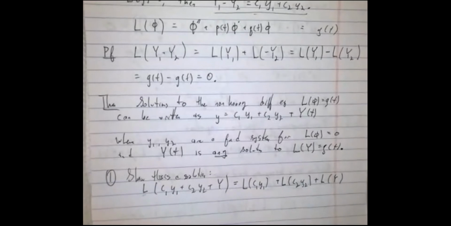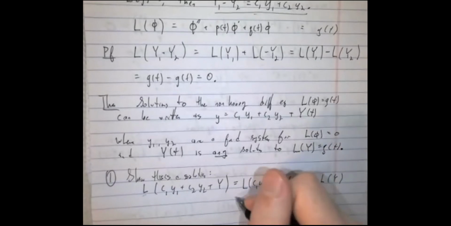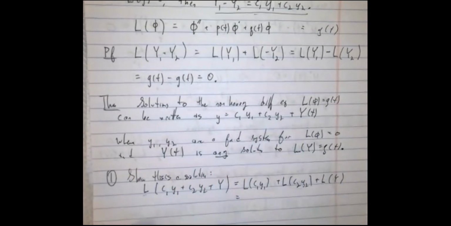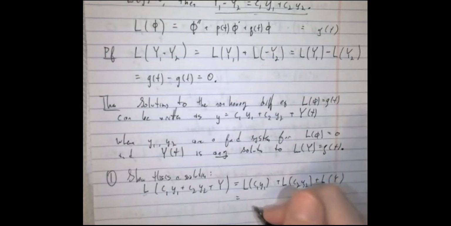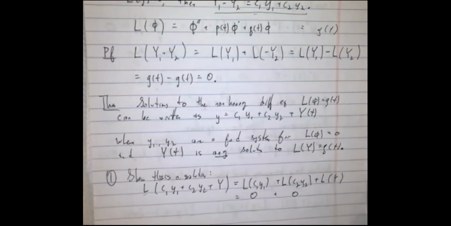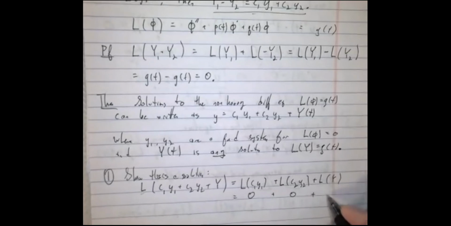What's L of c1 y1? Remember that y1 and y2 are a fundamental system for the homogeneous part of this differential equation. Is it just 0? Yep, this is just 0. What about this one? Also 0. And what about this one? G of t. Yep, G of t, exactly.